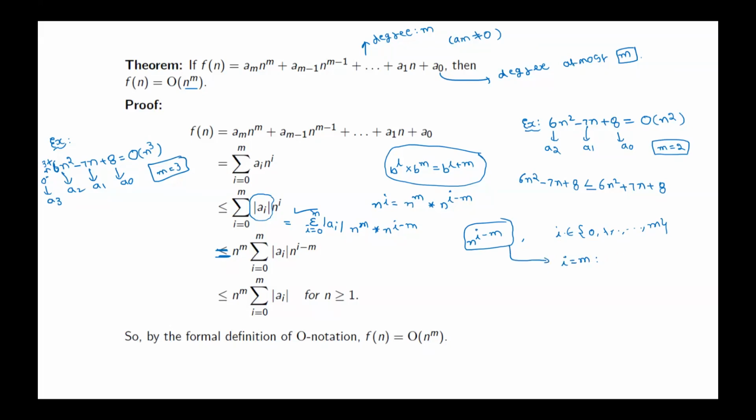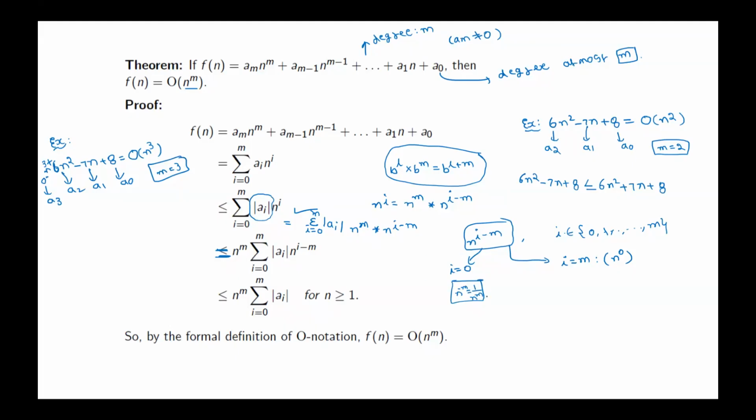It is n power 0, which is 1. When i equals 0, what is this value? It is n power minus m, which is 1 by n power m. What is the maximum value of n power i minus m?